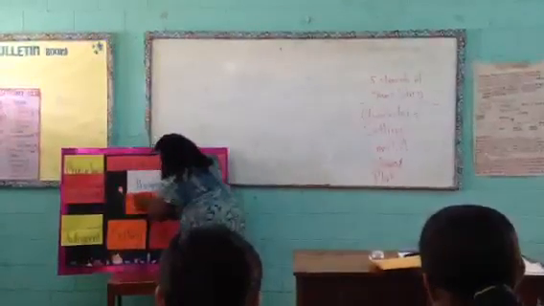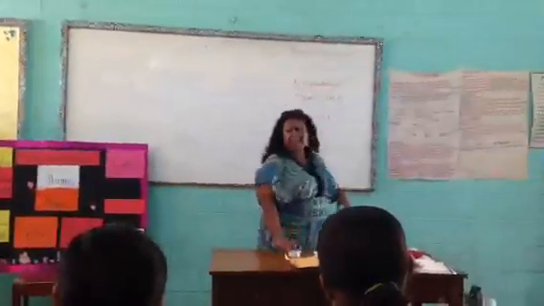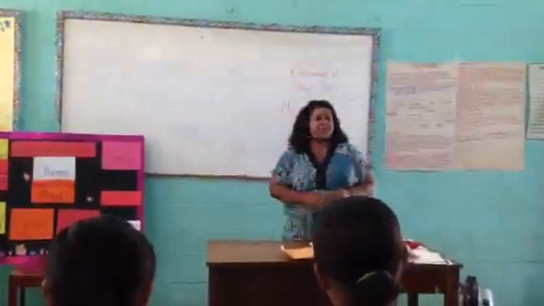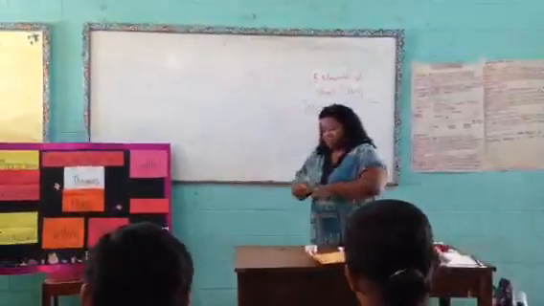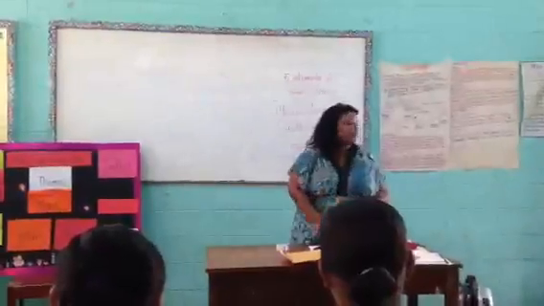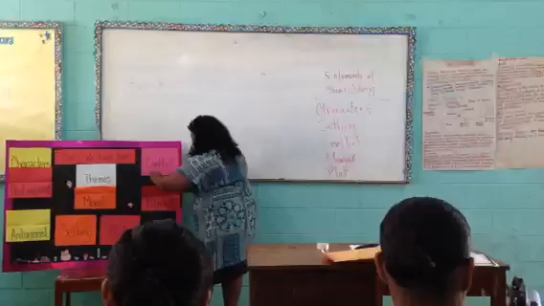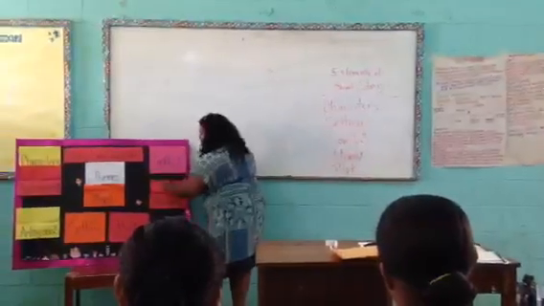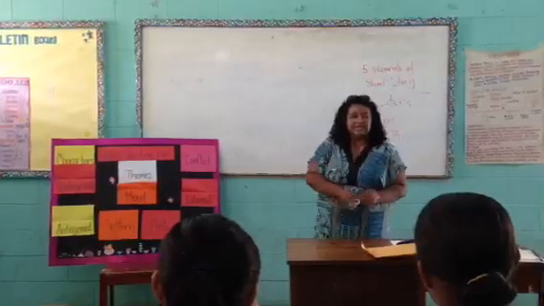All right, and then under conflict, what do you think we'd have under conflict? Anybody, raise your hand. Any thoughts come to mind? The problem, the types of conflict, and that's certainly where we're heading. We're heading to external conflicts and internal conflicts, right?